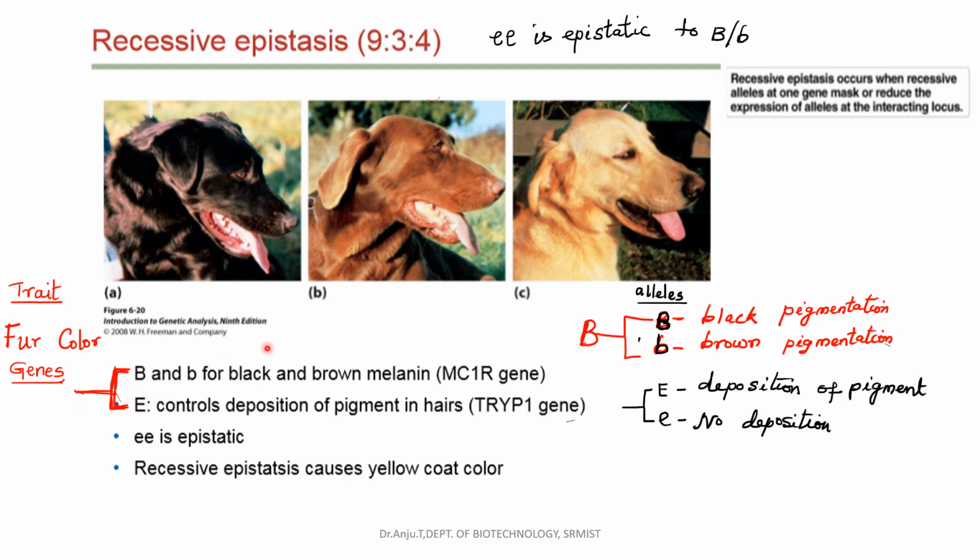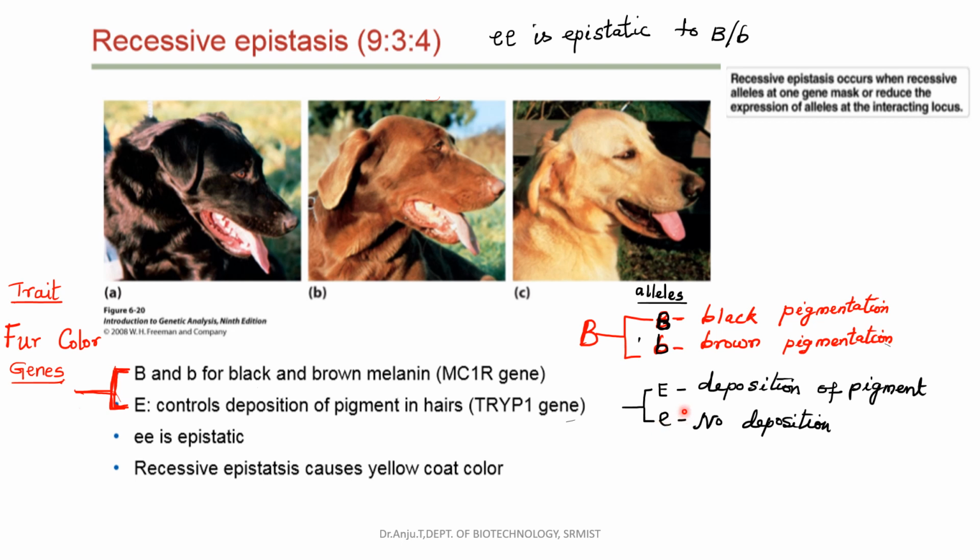The B gene has two forms. One is the dominant form, capital B, which codes for the black pigmentation. The recessive allele, small b, codes for the brown pigmentation. The second gene, E, controls the deposition in the hairs. The dominant allele, capital E, allows the deposition of the pigment.